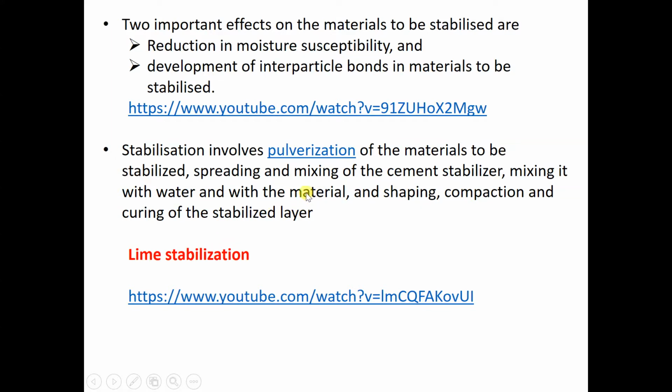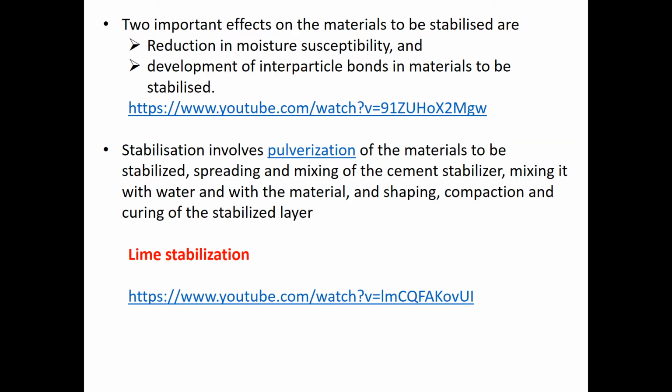Sometimes it's one run or two runs. Usually for a new pavement, probably just one run. You put aggregates on top, let's say you're going to stabilize the base course.